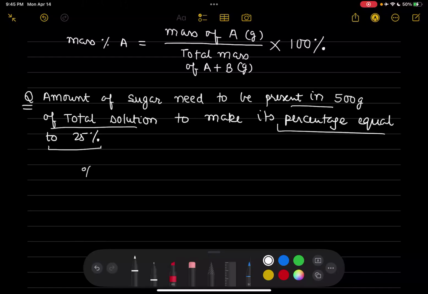So the percentage of sugar equals 25%, equal to the mass of sugar in grams divided by the total mass in grams.